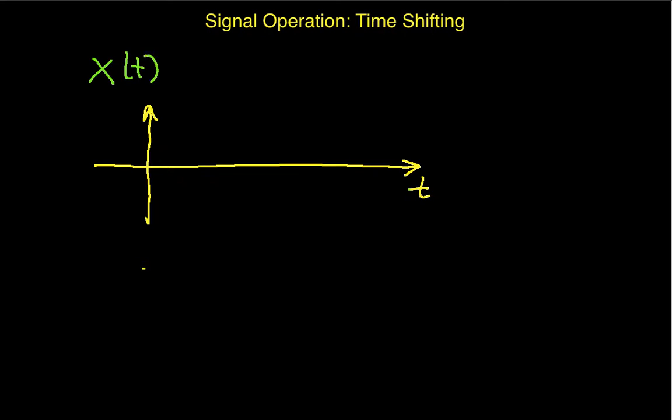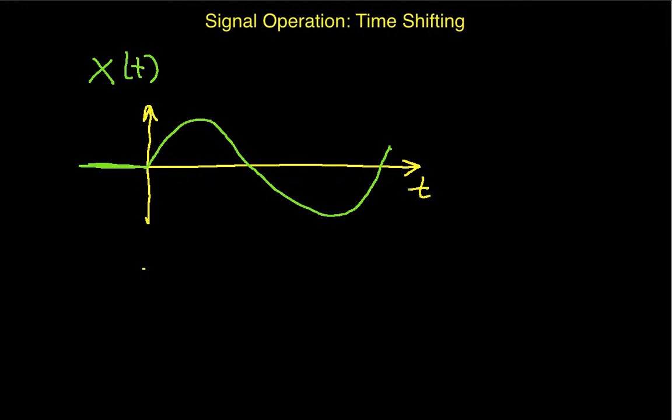And let's suppose that we'll do something that looks sinusoidal here, because I seem to be having a good sinusoid drawing day. And just to make it clear what's going on, suppose that this signal is 0 for values of t less than 0. So it wiggles when t is greater than 0. It's 0 for values of t less than 0.